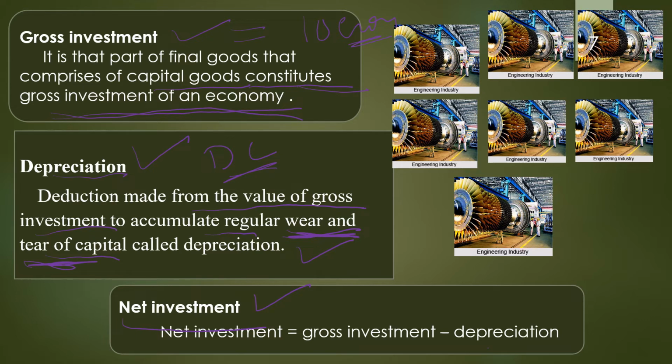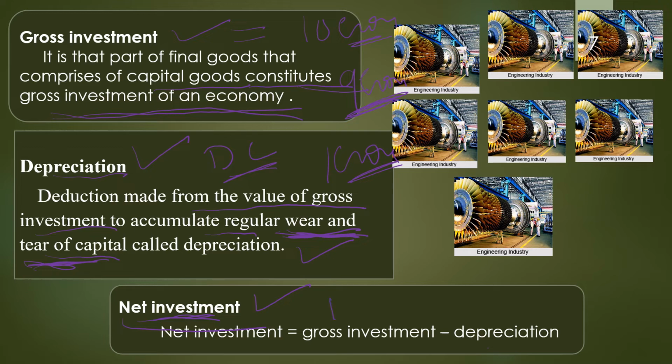So because of that reason, 9 crores they invest in the purchase of new machineries and 1 crore they use in order to repair or maintain the capital goods where there occurs a capital loss due to wear and tear. So now what is net investment?